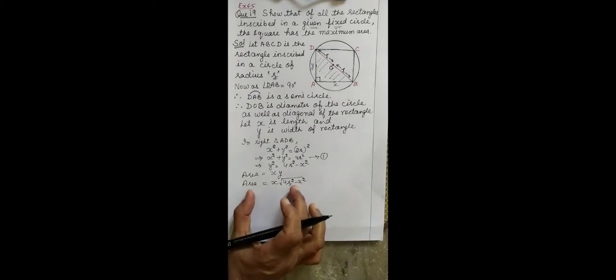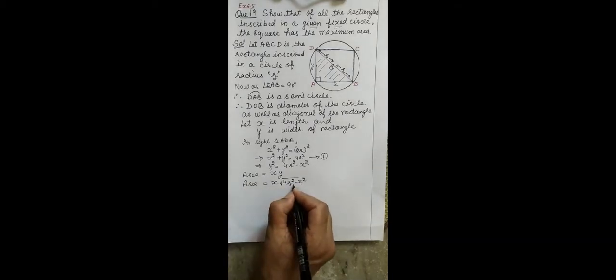So now I will create another function of area by squaring this expression on both sides. So what will be that? Squaring on both sides, I will represent that function as A(x), which is equal to x square into 4r square minus x square. Now what is A(x)? It is actually area square. Now I will maximize A(x) in place of area.